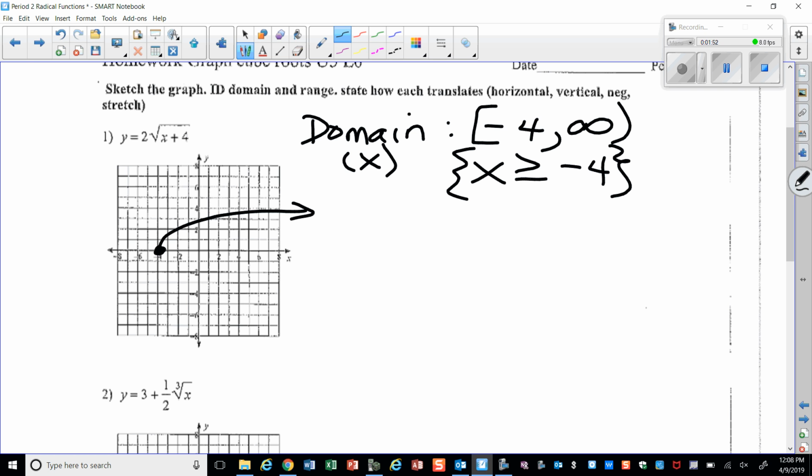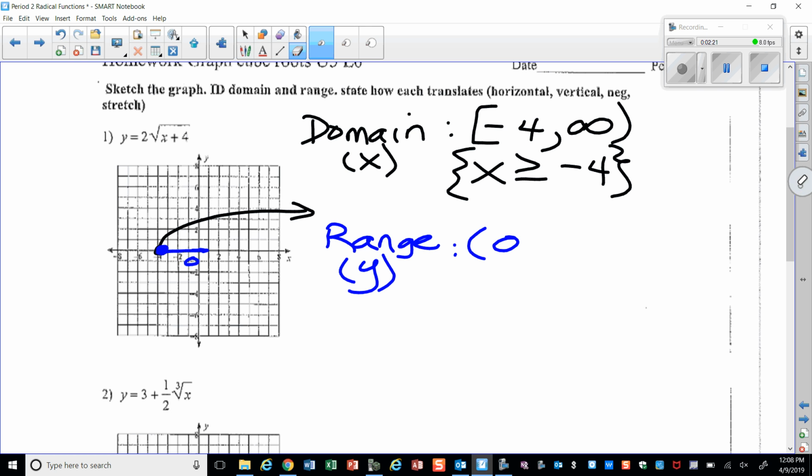Okay? If I'm looking at the range, I need to know the y values, right? So the range is going to be the y values. And so, again, that starts at here. I'm looking at the y-axis now. So that would be at 0, right? Oh, and it can actually equal 0 because at this point it actually is right there.